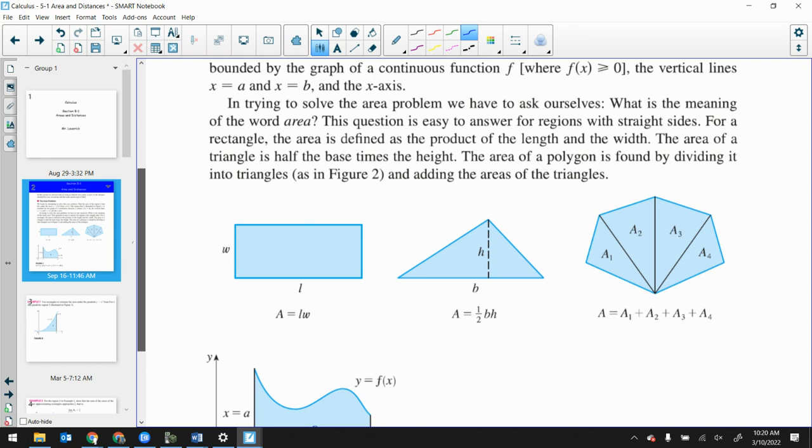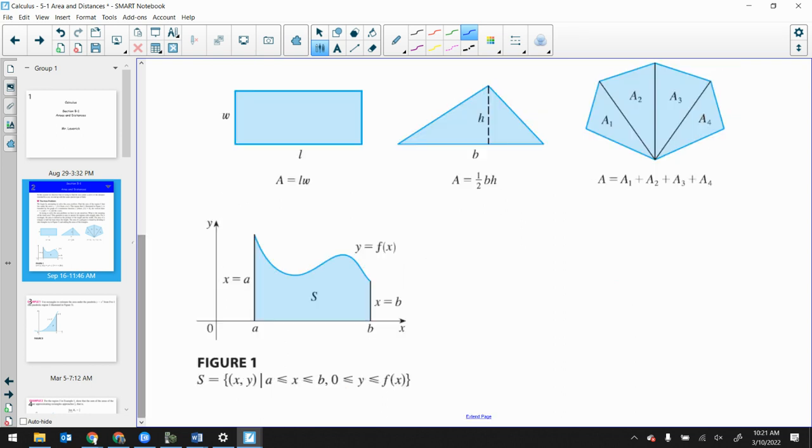If it's an odd shape, a weird shape, what we can do is divide it up into things that we can find the area of and add those things together, which is kind of like what we're going to do today. What we do with those weird curved regions that we see down below there is take something easy to find the area of, split all that weird thing up into pieces that are easy to find the area of, and end up adding them together in the end.